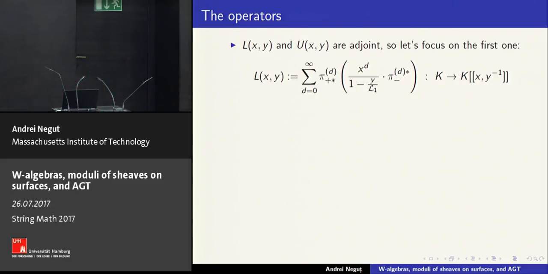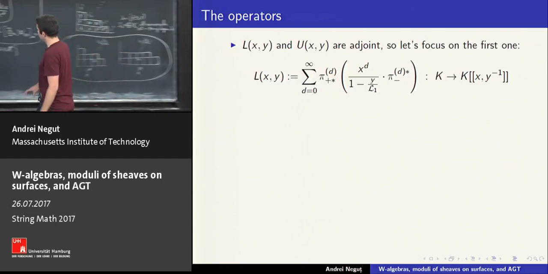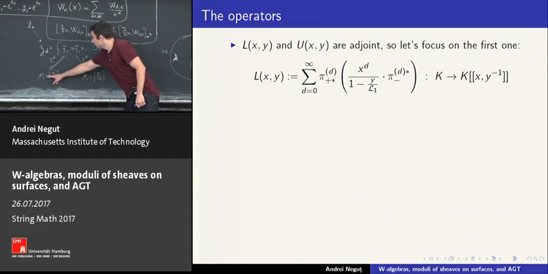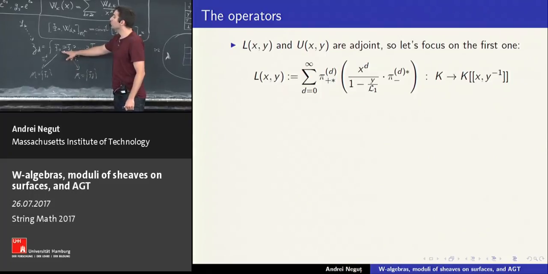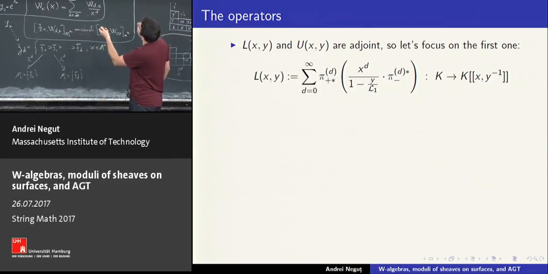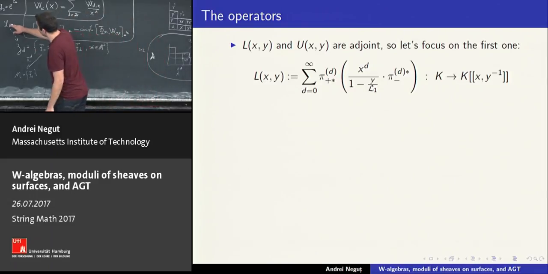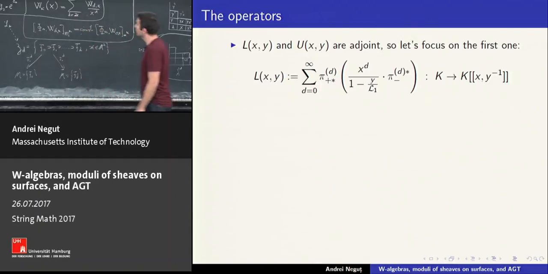So how do you get an operator from one of these correspondences? Well, it's in the formula here. You take any class here, you pull it back to Zd, you multiply it by this particular expression, which is an expression in the formal variables x and y, and the only geometric input it takes is this line bundle L1, and then you push it forward, and that gives you an operator on K-theory.